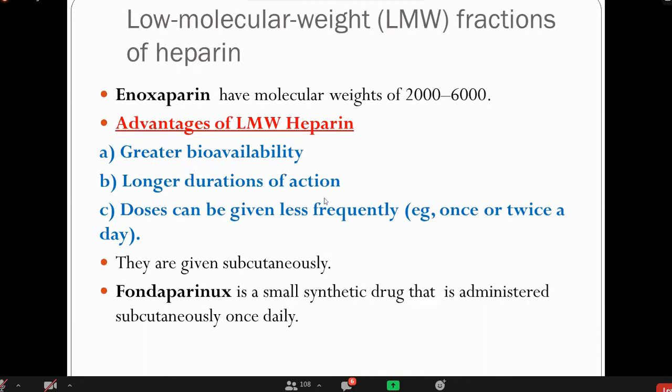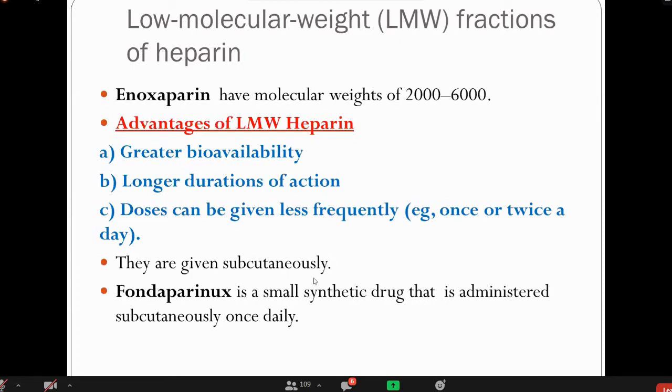This is an important conceptual point: any drug having a longer half-life requires less frequent dosing. That means once or twice a day dosing would be sufficient.